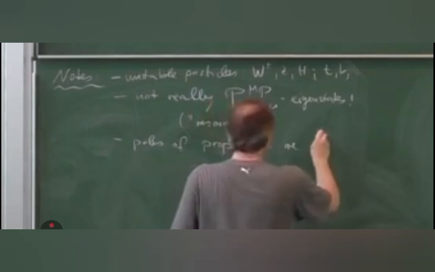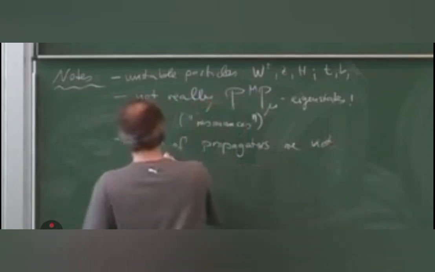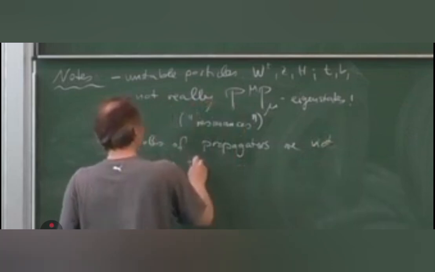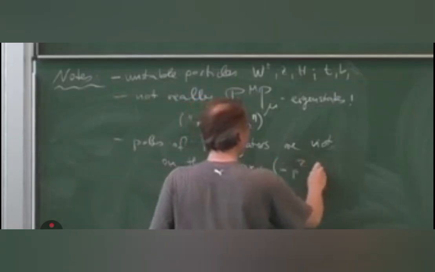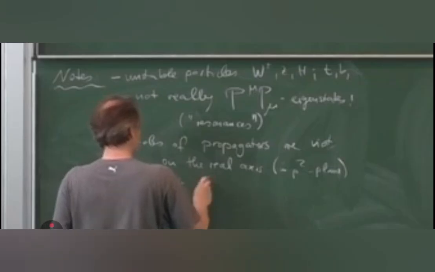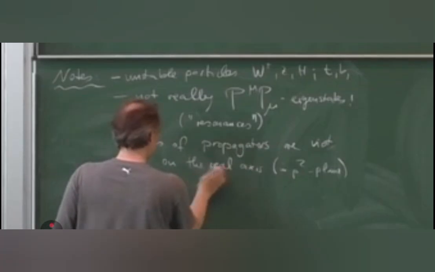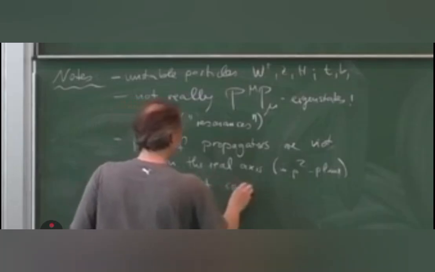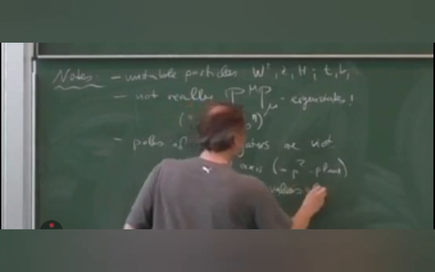So they are in the complex plane. First of all, not on the real axis, in the p-square plane, but the poles of the propagators are at complex values of p-square.